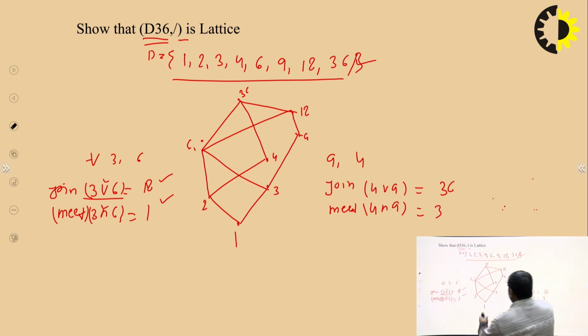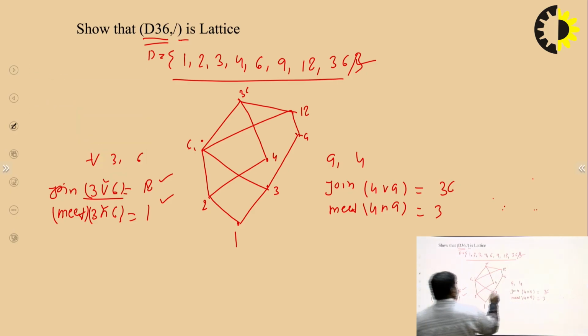Now 4 and 9 meet on the bottom, that is 1, and meet on the top, that is 36.